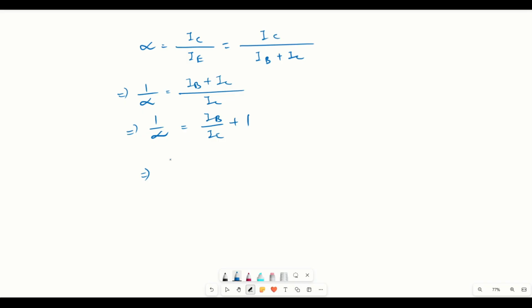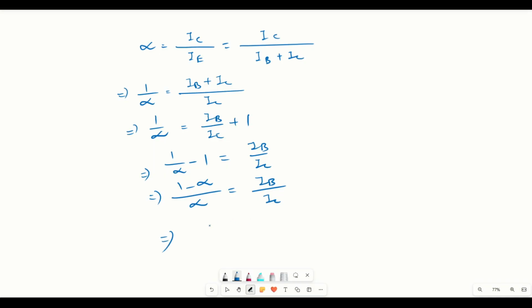Now this one term, let us bring it here. So alpha times 1 minus alpha is IB by IC.